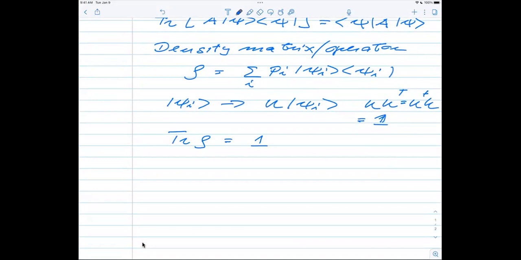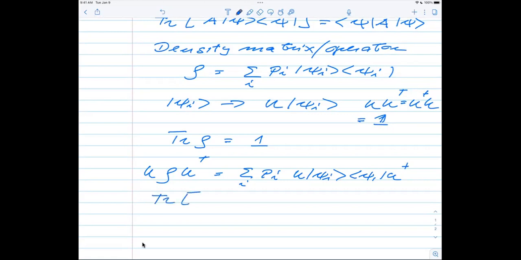You can easily see that because if we look at rho multiplied with U and with its adjoint, this is the same as the sum over i of p_i, then the matrix U times |psi_i>, and then <psi_i| multiplied with U dagger, like this. The important thing for us is the trace of this specific quantity.